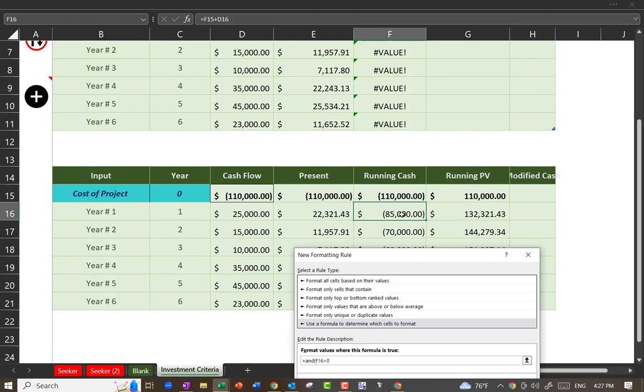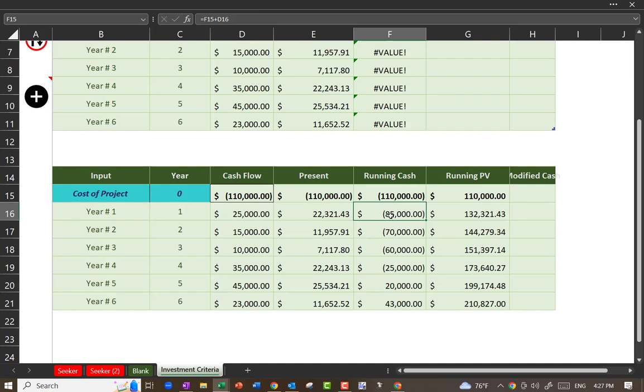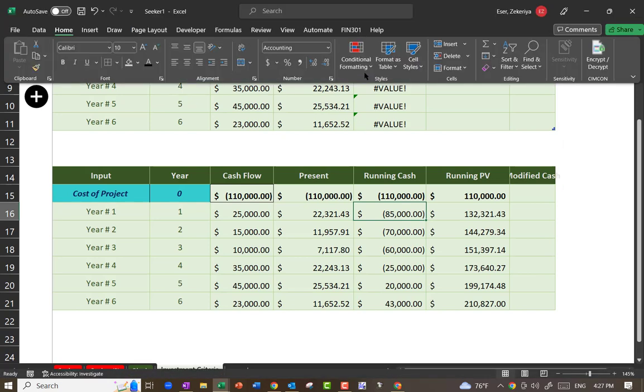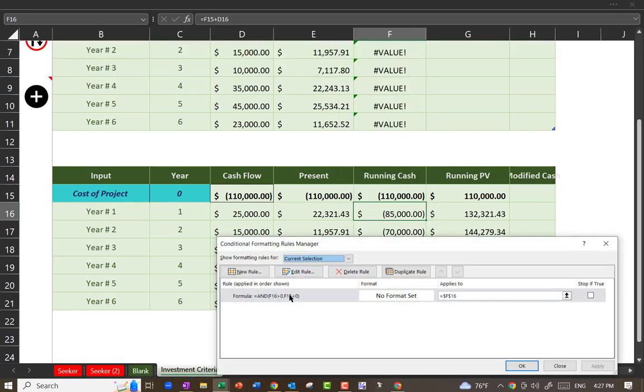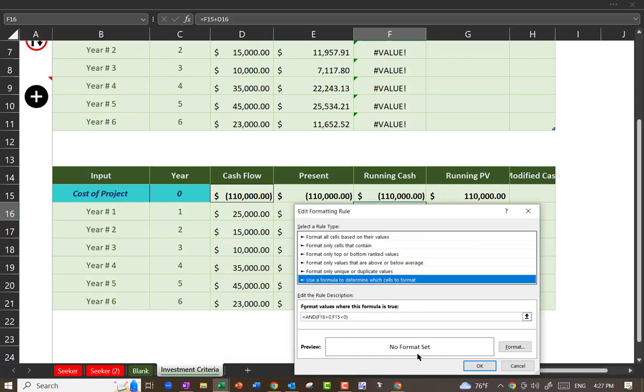Okay. Oh, I didn't say the rule. I didn't do the formatting. Format. Let me see. I want to attach a rose color fill. Okay.